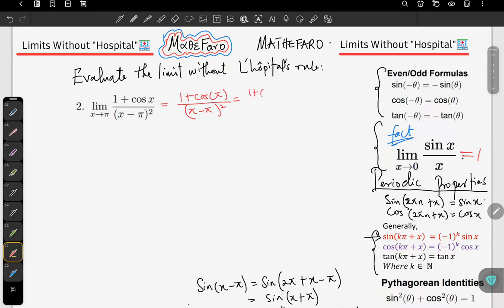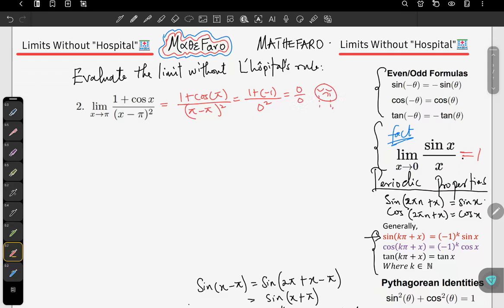And this is 1 plus minus 1, since the cosine of pi is negative 1, over 0 squared, and that is 1 minus 1 over 0, which is an abomination. So it means we need to do something else. This is an indeterminate form. We cannot factorize, we cannot rationalize, since it is not a radical. And we want to avoid the use of L'Hopital's rule or the use of the series expansion.